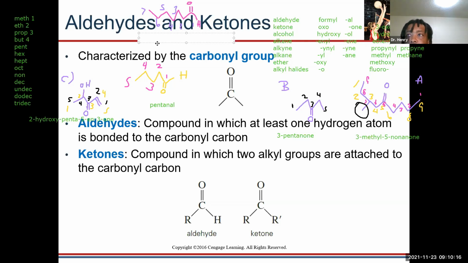Okay, so a 7 carbon chain is called, that's right, heptane.